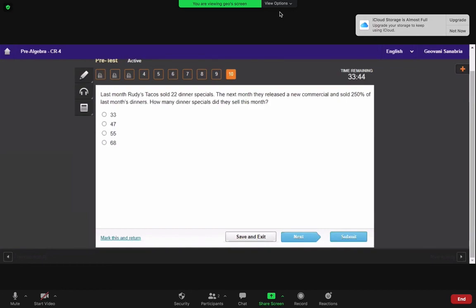Taco sold 22 dinner specials. Next month, they released a new commercial and sold 250% of last month's dinners. All right, you try it, and then I'll try it too. I got 55 just by doing the simple last thing.